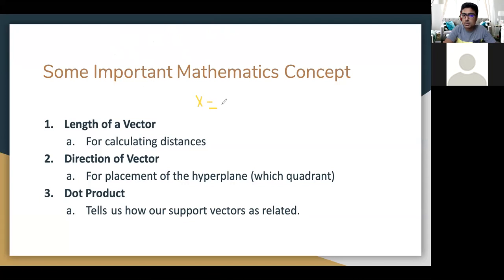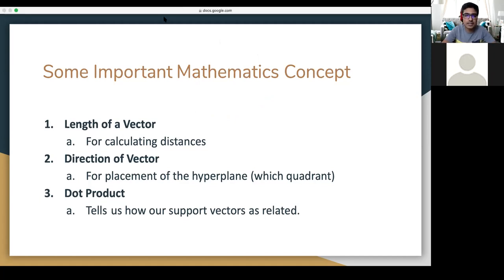In order to calculate the length of that vector, we'll do the length of the x component squared plus the length of the y component squared. And that gives us the length of our vector x. And remember, this is going to help us in determining the margin, seeing which hyperplane we're going to be choosing.